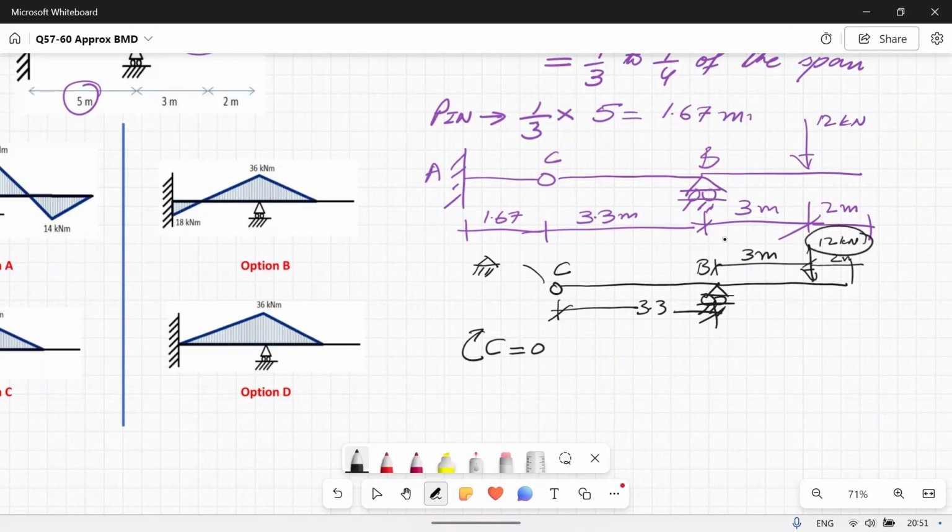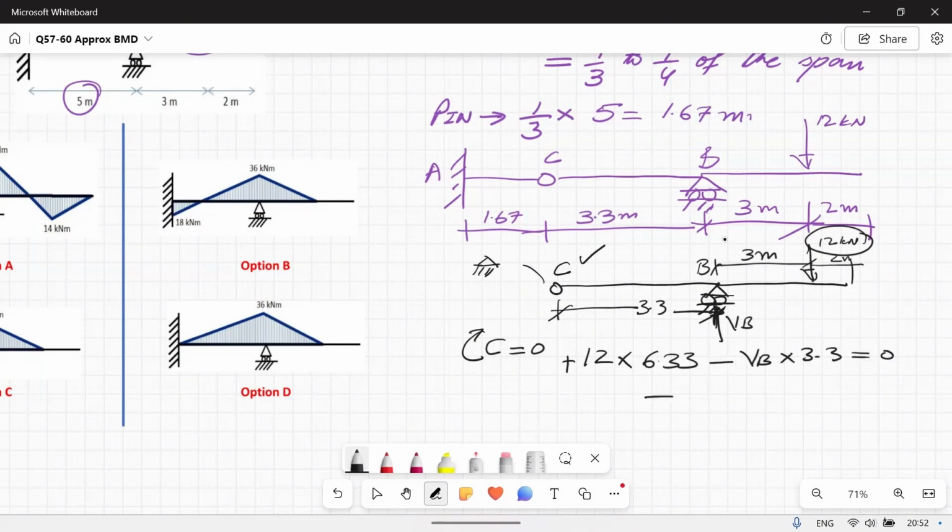Starting from this 12 kilonewton load, 12 times the distance from 12 to point C, which is 6.33, is creating a clockwise moment with respect to C. That's the reason it is positive. And then I have this vertical reaction VB, which is creating anti-clockwise moment. So I will say minus VB times 3.3 is equal to 0.